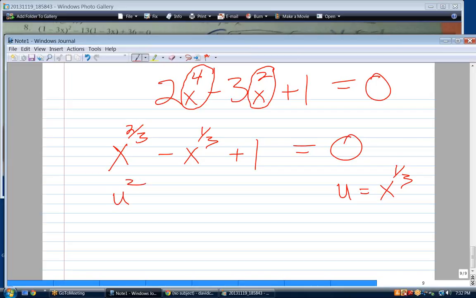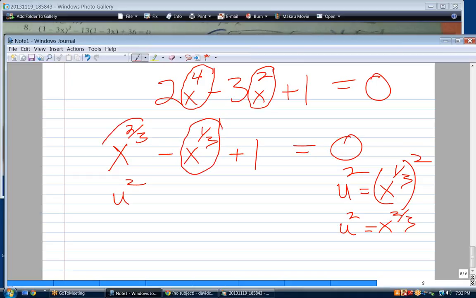In other words, if I want to know how to write x to the 2/3, let's square both sides over here. So I have u squared is equal to x to the 2/3. In other words, this middle term is squared to get to be that. That's what makes it a quadratic in disguise.